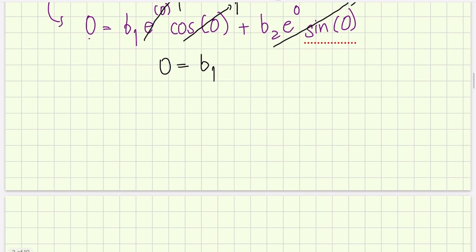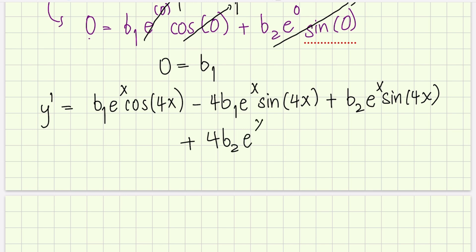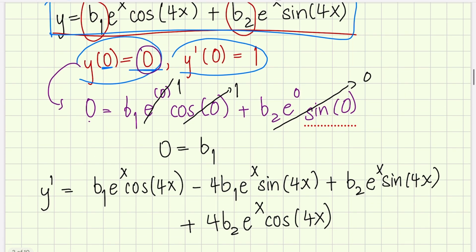The derivative of our general solution is b1 e to the power x cosine 4x minus 4b1 e to the power x sine 4x plus b2 e to the power x sine 4x plus 4b2 e to the power x cosine 4x. Now I'm going to substitute zeros for all the x's and equate it to 1.